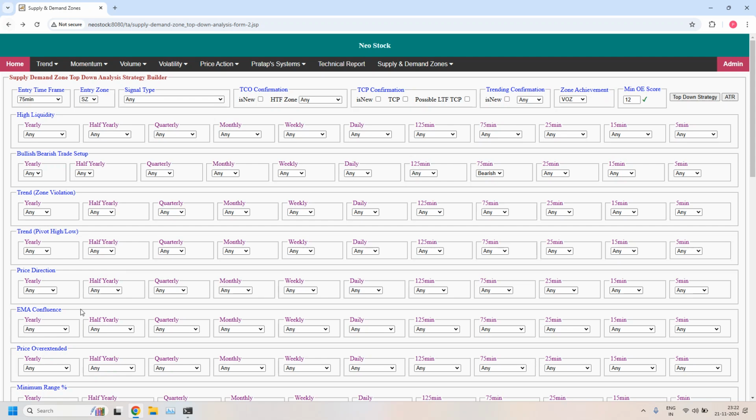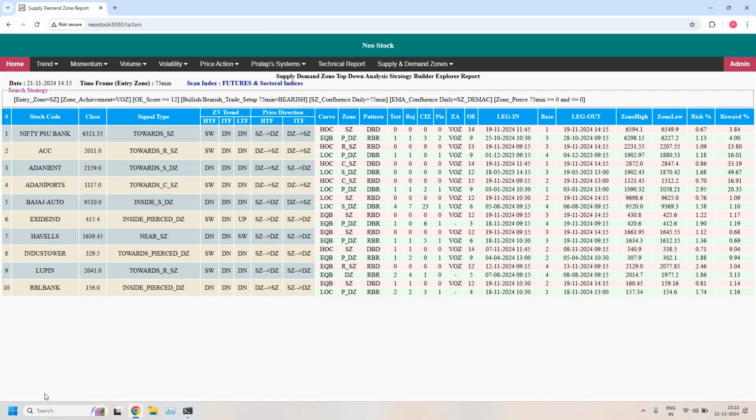Let's verify. In the EMA confluence at the daily time frame, the daily supply zone with daily EMA confluence filter is enabled. Now we got 10 stocks. All these 10 stocks are even more high probability trade setup supported stocks.